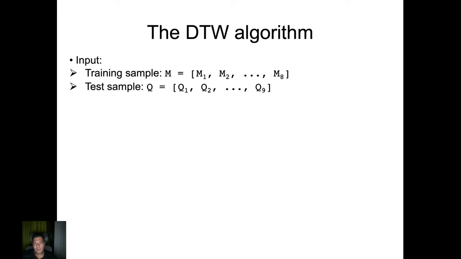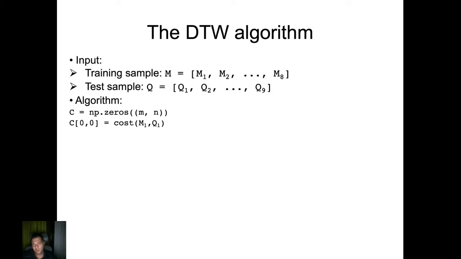So in pseudocode, you will have an algorithm that works like this. You will have to store the cost of alignment for every problem P of i and j in a matrix. We'll call this matrix C, and it will be initialized with the cost 0.